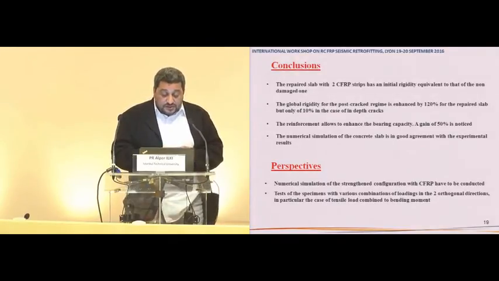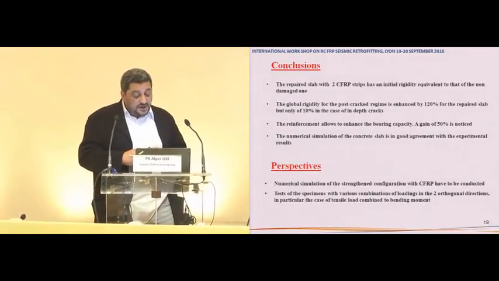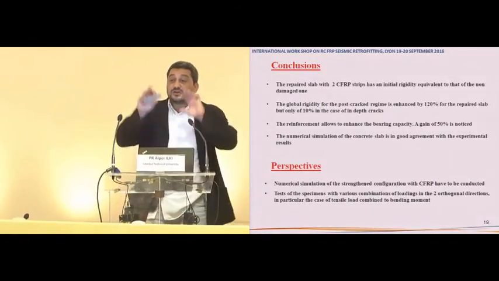We found about 120% gain when the loading system is well managed, and when we don't have local initiation near the boundary condition of the cracks. For in-depth cracks, this result is important.